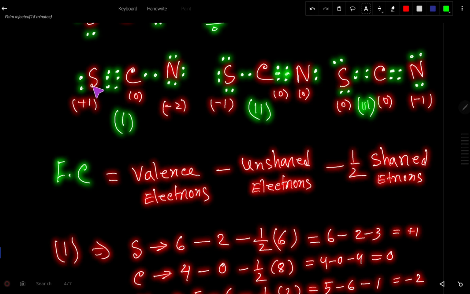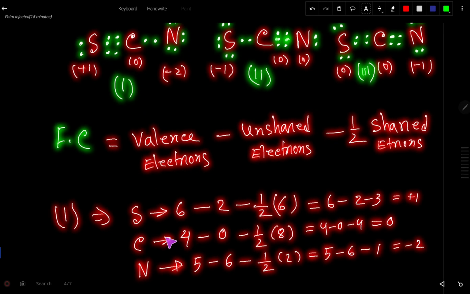So look, for structure 1 we have determined the formal charge. Sulfur in the free state has 6 valence electrons, right? So 6 minus unshared electrons, here 2, minus half of shared electrons, here 6 shared electrons. After calculation, we are getting +1.